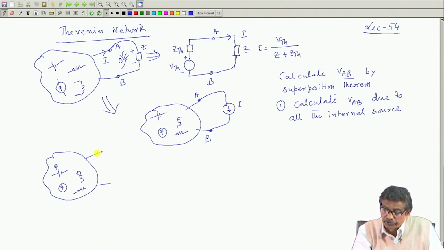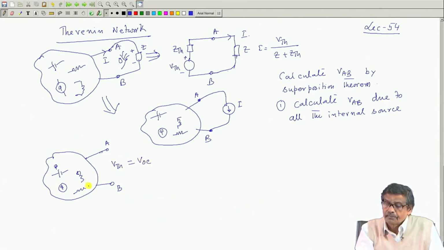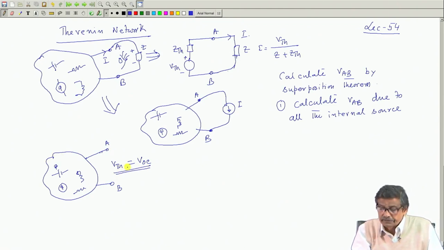It is an ideal current source, so its internal impedance will be infinite, open circuited. So I will calculate V AB in this network for all the internal sources, and this is called V Thevenin, or the open circuit voltage. So, given this network, calculate V AB when all internal sources are present and nothing is connected here. That will give you V Thevenin.